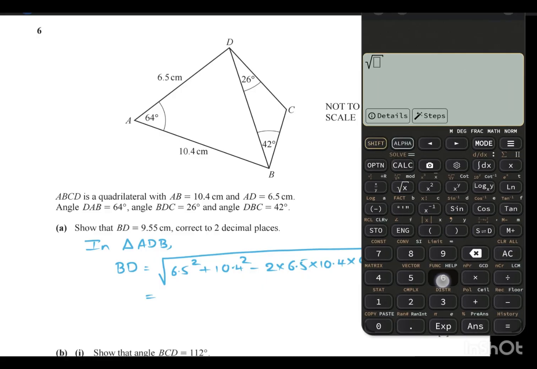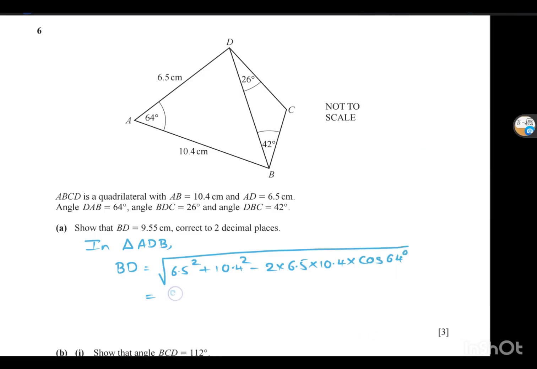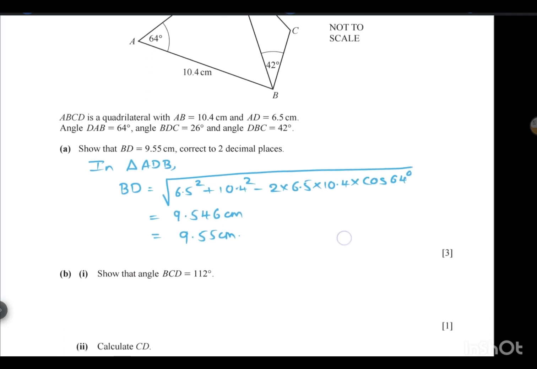Square root of 6.5 square plus 10.4 square minus 2 into 6.5 into 10.4 into cos 64. 9.546 centimeters. Now if I round it to 2 decimal places, it is 9.55 centimeters. Question number A is done.